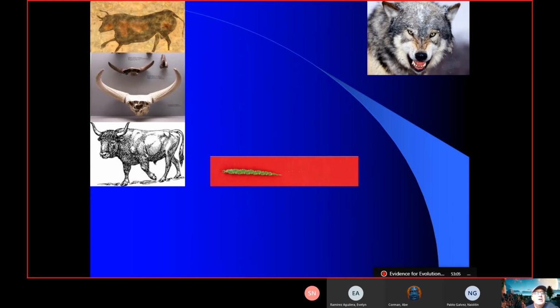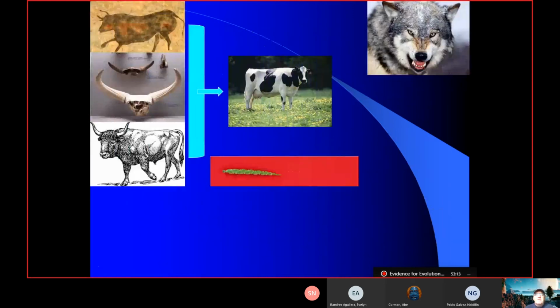You can see how big their horns were in the past compared to what they are now. So this guy evolved into that because we made these choices of the traits that we wanted. We wanted them to be less aggressive, and we wanted them to produce a lot of milk, or the ones that we eat for steak and burgers, we want them to produce a lot of muscle really fast.